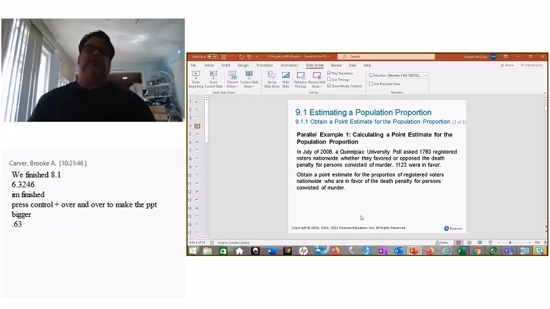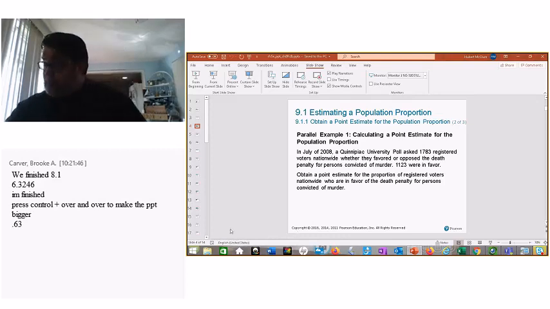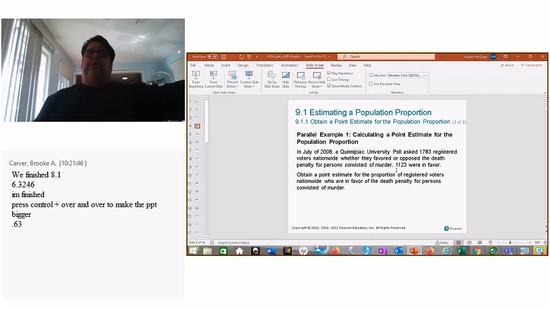She already did it. 0.63. Thank you, Miss Carver. 0.63. And q hat is equal to 0.37. Okay, so if you see this problem on a test, chances are they're going to ask you for those 2 things first.